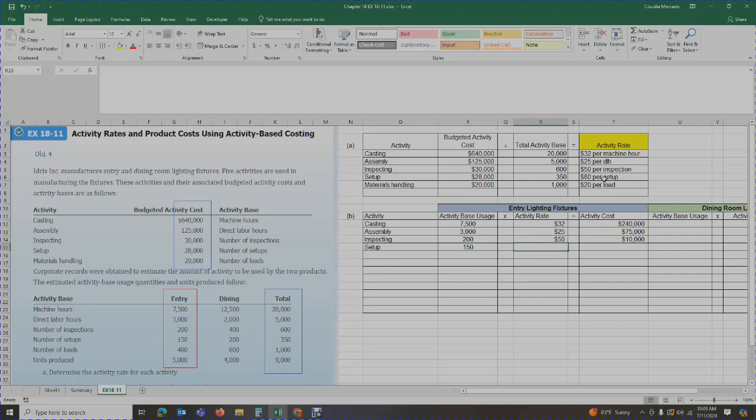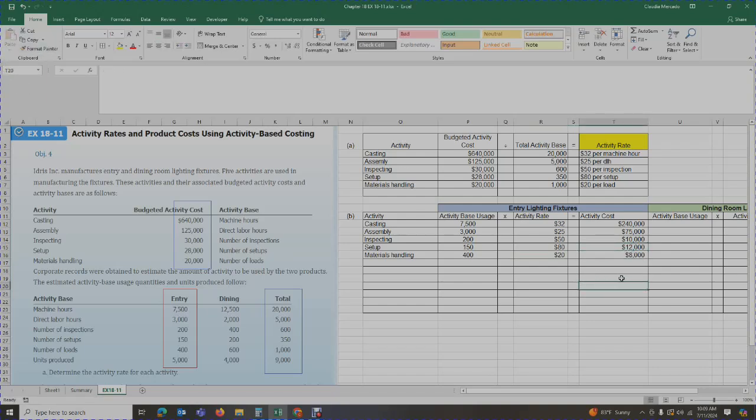My setup cost is $80 per setup. If I multiply those two together, that gives me 12,000. And last but not least, we've got materials handling. We have a number of loads: 400 loads for the entryway at $20 per load. So we multiply by 20, and that gives me 8,000.